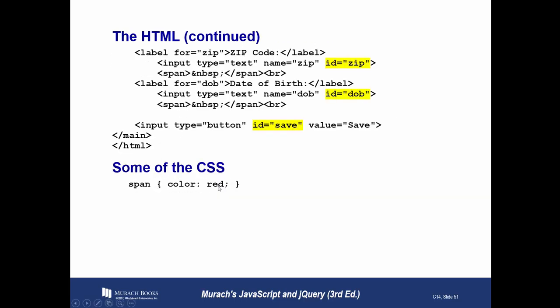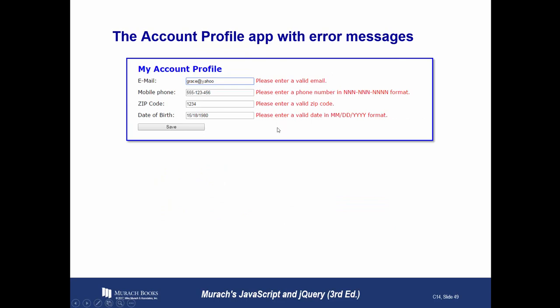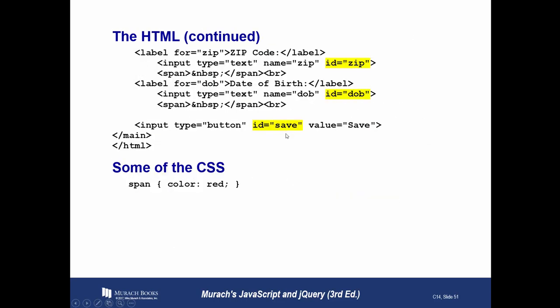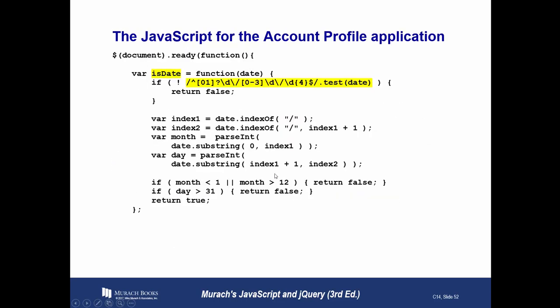There's a little bit of CSS, and that's for the red form in here so that our error messages are in red. The JavaScript is shown on pages 428 and 429. It starts with a function named isDate, which uses a regular expression to determine whether the value passed to it is a valid date. This is in a function because a regular expression by itself can't fully validate data.